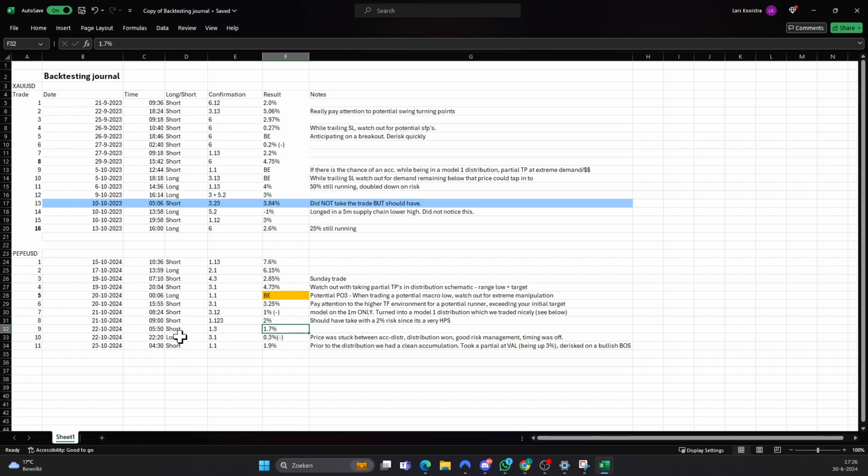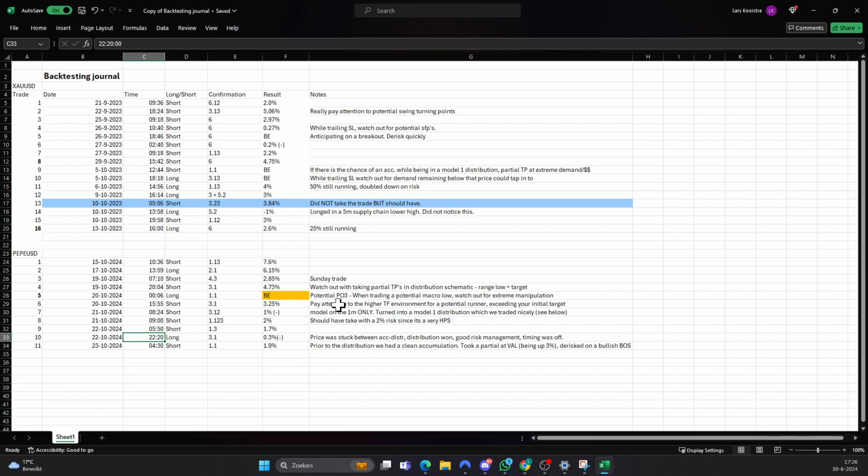And then we had that awkward timing around 10, where I don't really want to trade because it's after the New York session hours. We were stuck between that accumulation and distribution, where the distribution ended up winning for a tiny 0.3% loss. And then we had that short, which was a nice 1.9% gain, also with very good trade management.